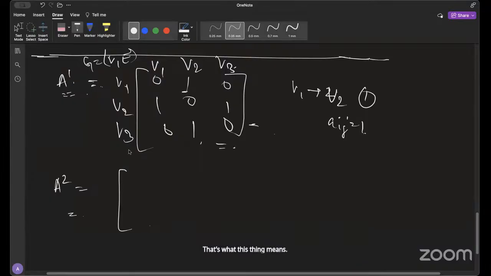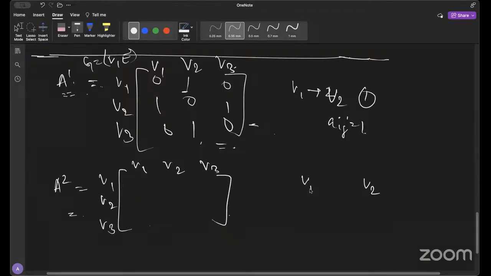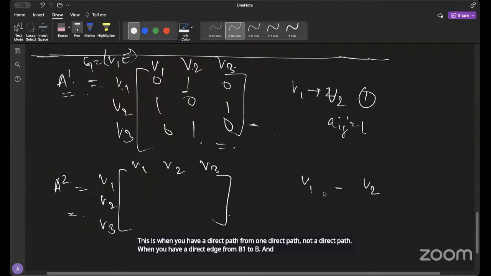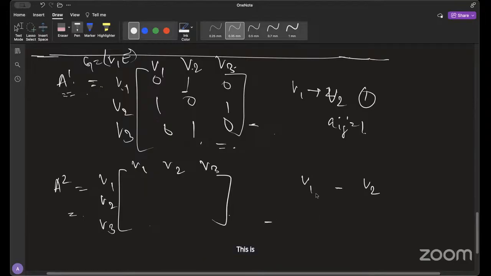What does this thing mean? From B1 to B2, you include the case when you have a direct edge from B1 to B2. And this is basically when you have a path from B1 to B2 of length 1, where you would include one thing there.